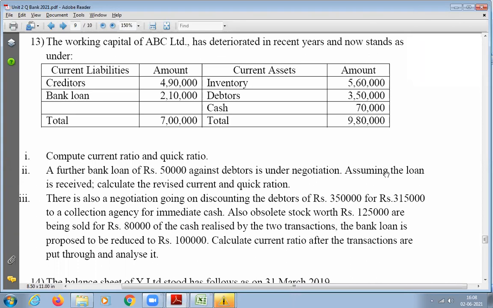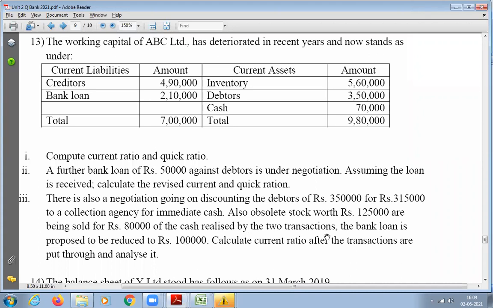In that, 1.25 lakhs is obsolete. And this obsolete stock will be sold for how much? 80,000, cash. So 1.25 lakh, but they're going to get only 80,000 because the stock is obsolete. That means it became very old, that is why they're going to get a very small amount.